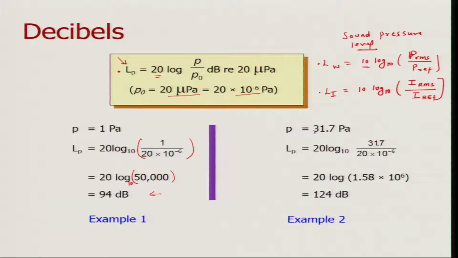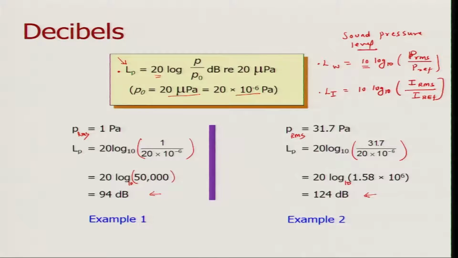Another example: let us say the RMS value of pressure is 31.7 pascals. Then LP is 20 log 10 of 31.7 divided by 20 micropascals. That comes out to be 124 decibels.